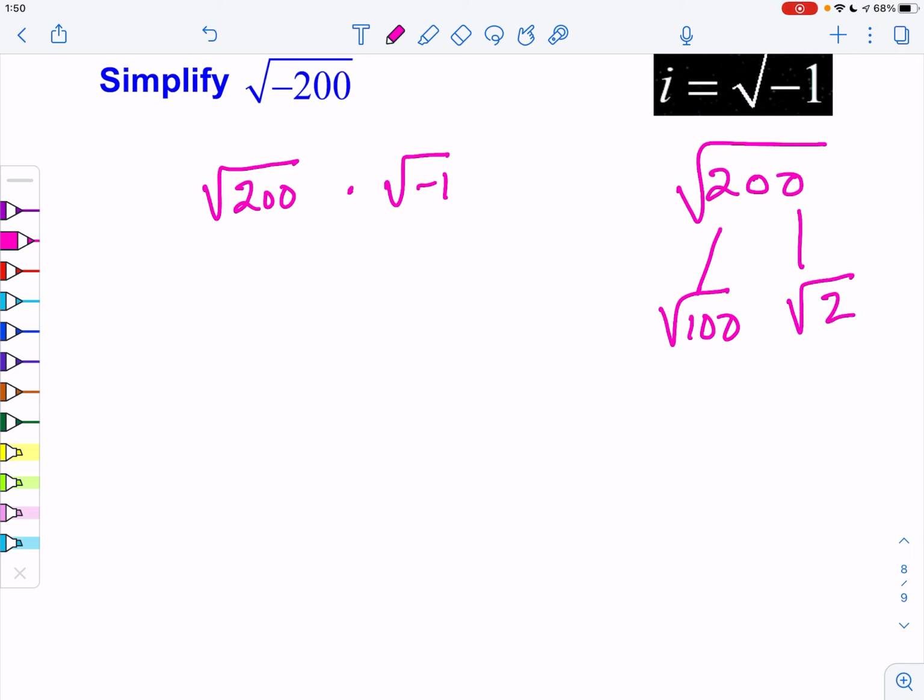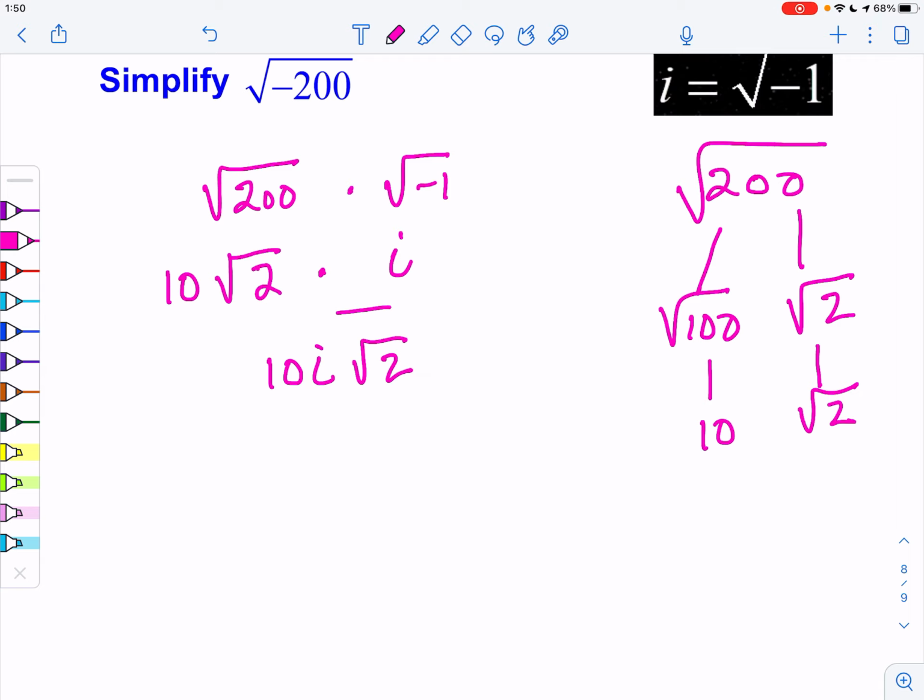The square root of 100 is 10, a whole number, and the square root of 2 cannot be simplified any further, so 10 radical 2, which we will use to replace the square root of 200. The answer to this is 10i radical 2.